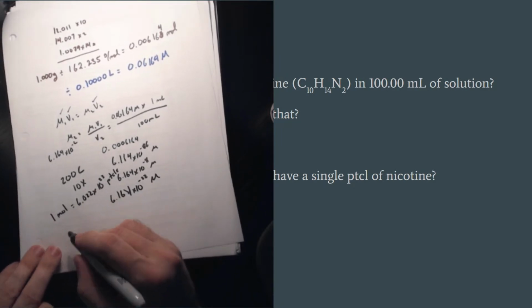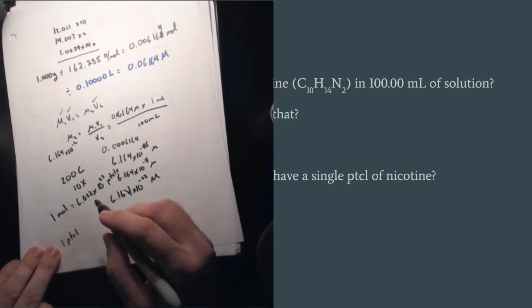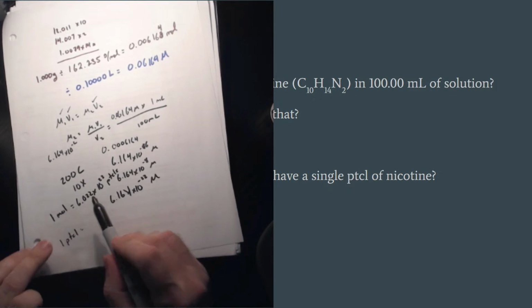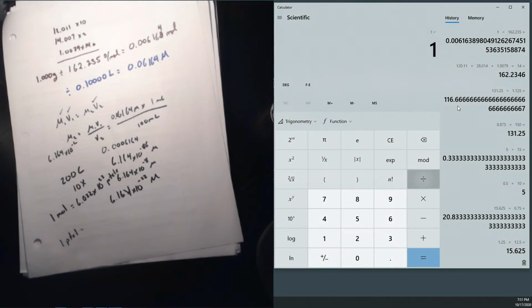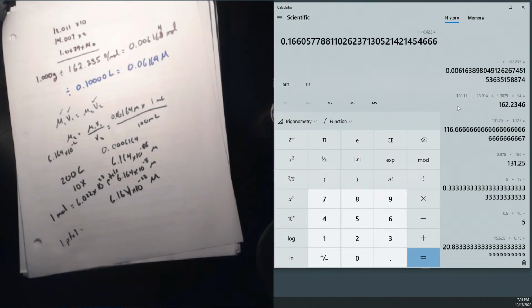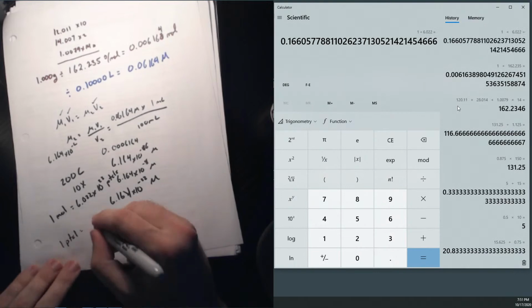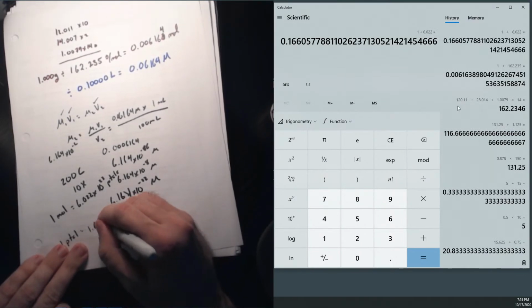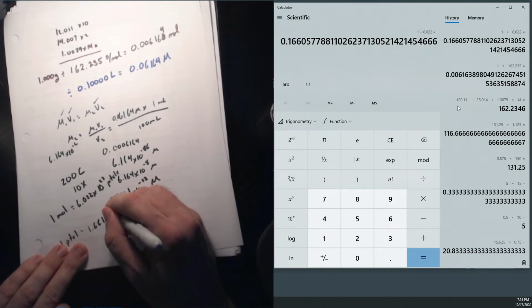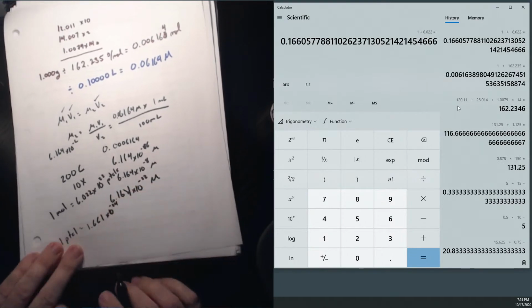You reverse that, then 1 particle is equal to 1 divided by 6.022 times 10 to the 23rd. One particle is a concentration of 1.661 times 10 to the negative 24th.